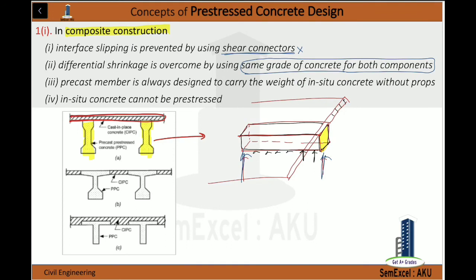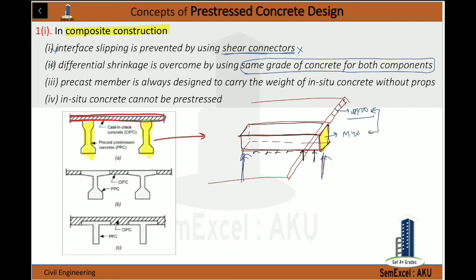If we had to use the same grade of concrete, then we should have cast both the slab and beam at the same location, right? We generally save some money by using two grades of concrete, suppose M40 and here M20, so we do not cast both with the same concrete. So the second option is incorrect.